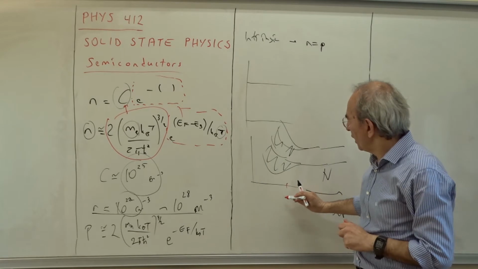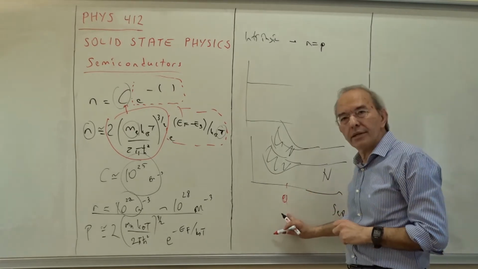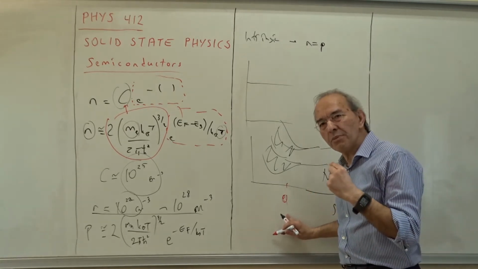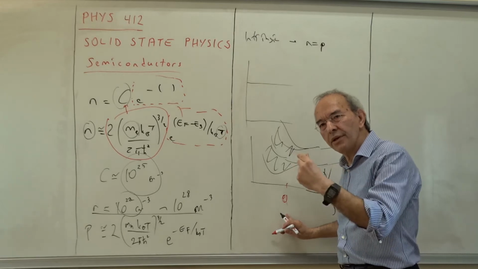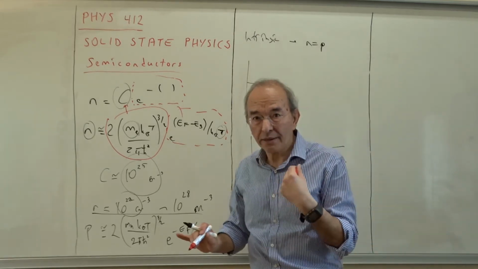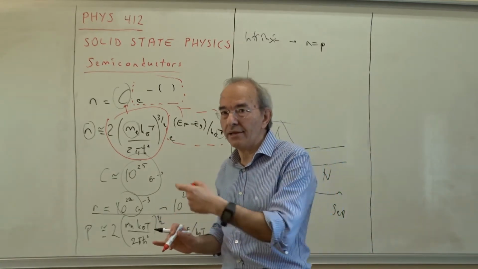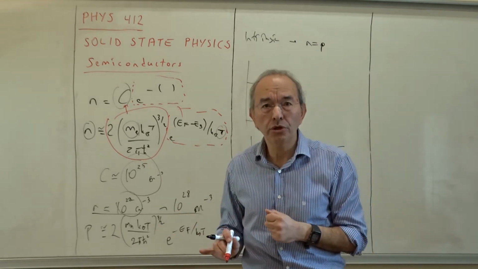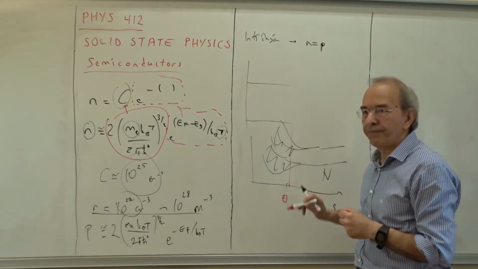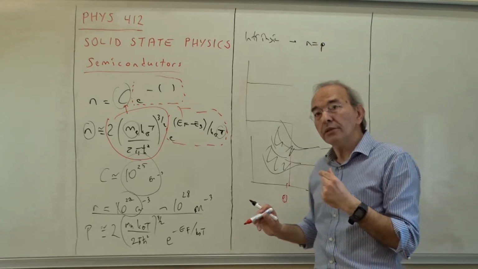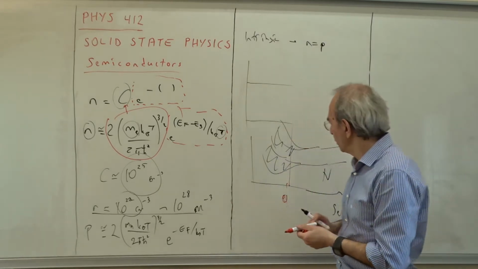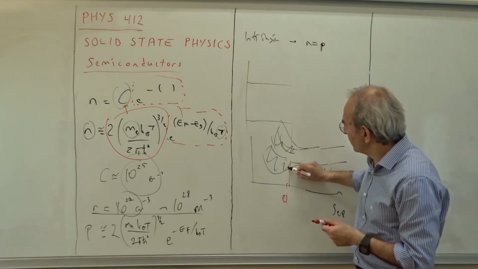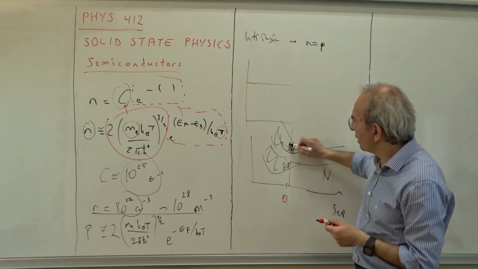And for such an equilibrium separation between the neighboring atoms, remember the lattice parameter, lattice constant A that we saw at the beginning of the term, for such a separation in the crystal, we have some bands, some empty gaps, and some band again.